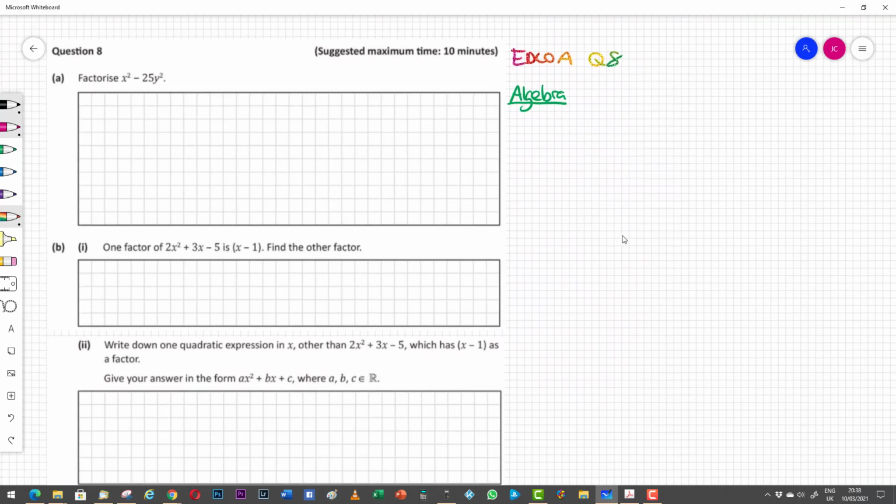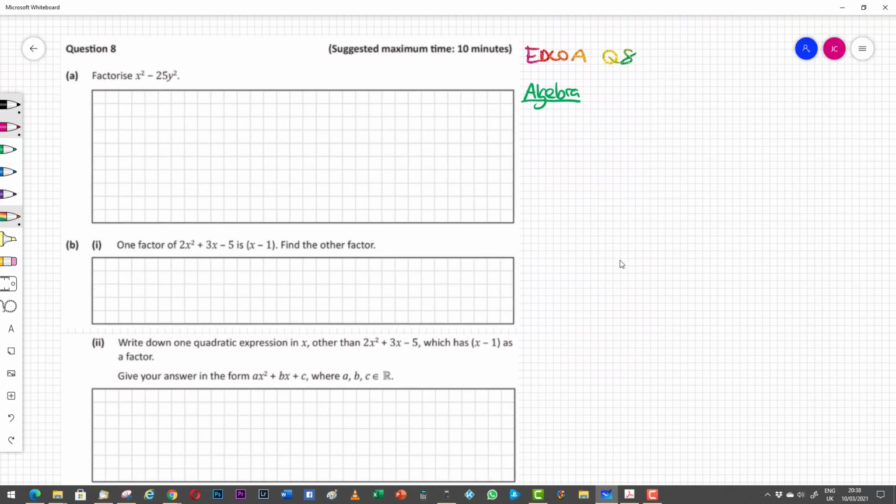So let's go and have a look at the first question, which is very, very straightforward. We're asked to factorize x squared minus 25y squared. Now, you might notice that x squared is x being squared, and 25y squared is 5y being squared.